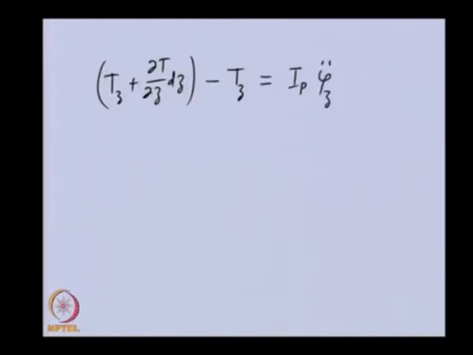Now, from torsion theory we know that T by J is equal to G theta by L, so we can get the torque as GJ times theta, where theta is the twist of the shaft segment, which is this much, and the length of the shaft segment is dz.